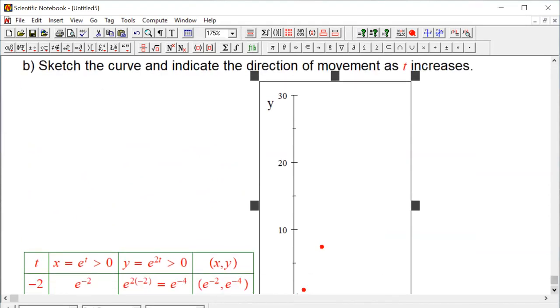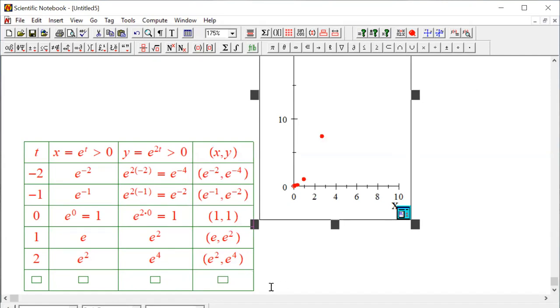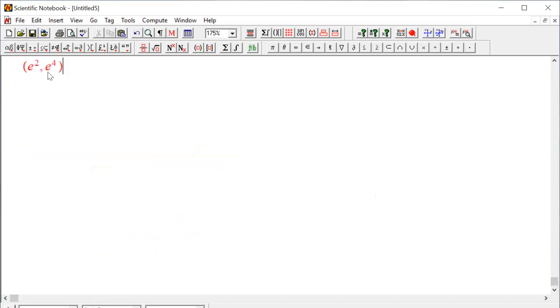There should be another point. Okay, it's disappearing because I didn't pick the view properly. Okay, so let's resolve this issue once and for all. Okay, e squared, give me the numerical value. Oops, give me the numerical value. And the e to the power 4, give me the numerical value.